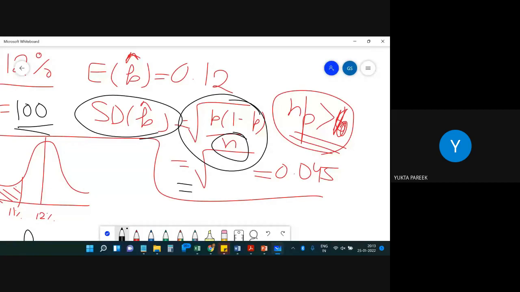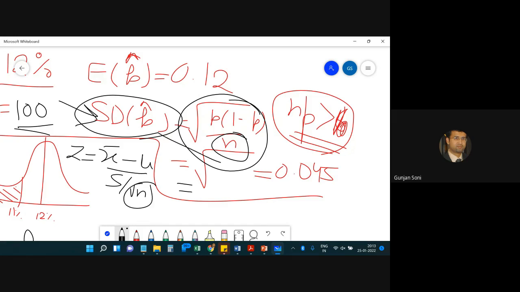Sir, I am not getting it. See, if it is a sampling distribution, we say x bar minus mu divided by s by root n, right? That's what we do. Yes, sir. So root n is already there, when we have found out the standard deviation here, root n already exists.